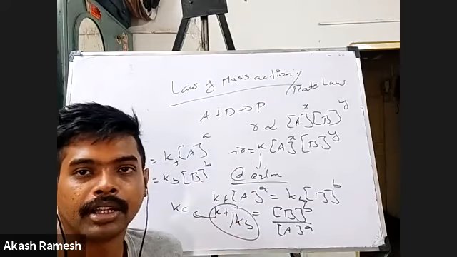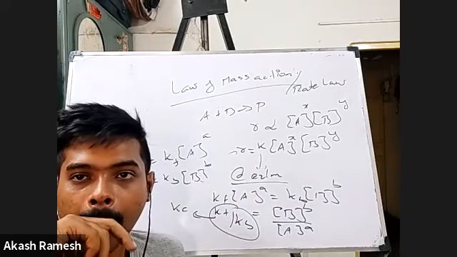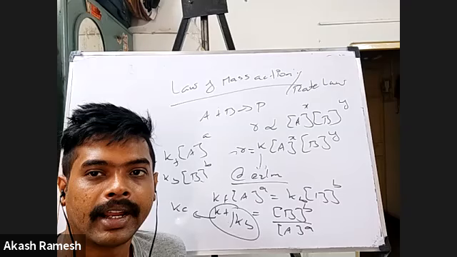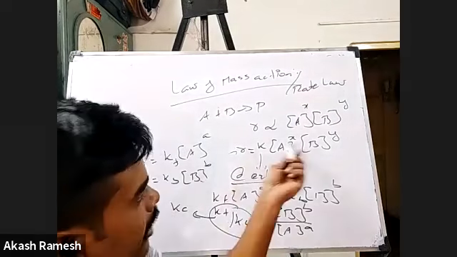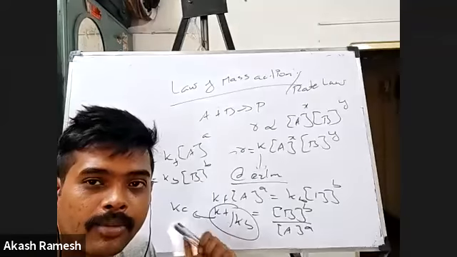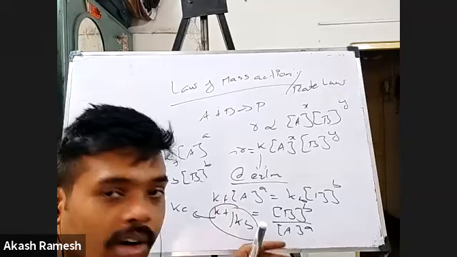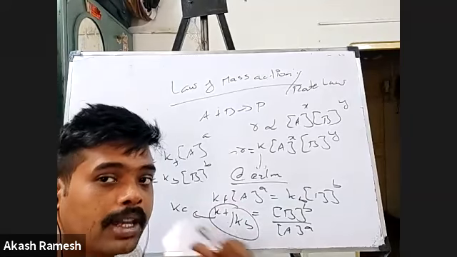Guys, everybody understood the derivation, what we did here? Yes, sir. Any doubts? We did nothing big here. I just gave you the rate law, and I told you that at equilibrium the rate of forward reaction is equal to the rate of backward reaction. For the forward reaction, A is the reactant. For the backward reaction, B is the reactant.